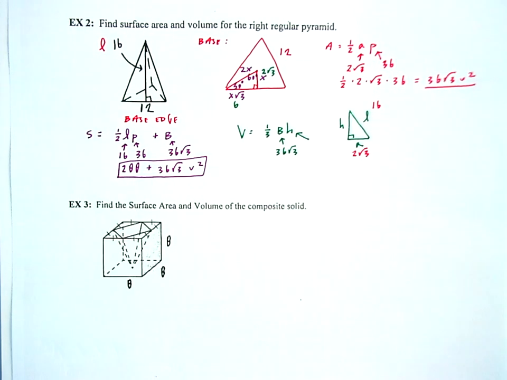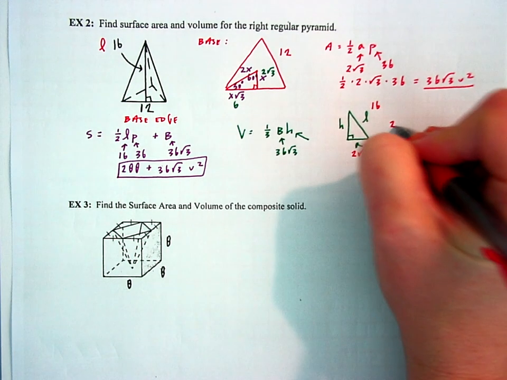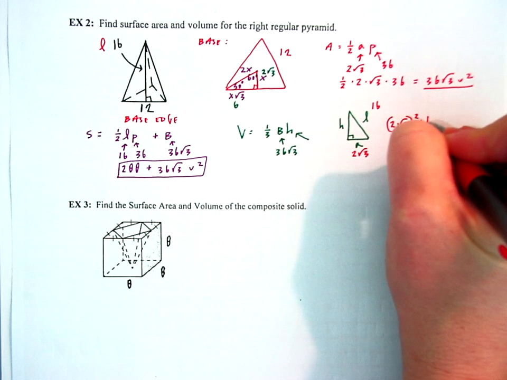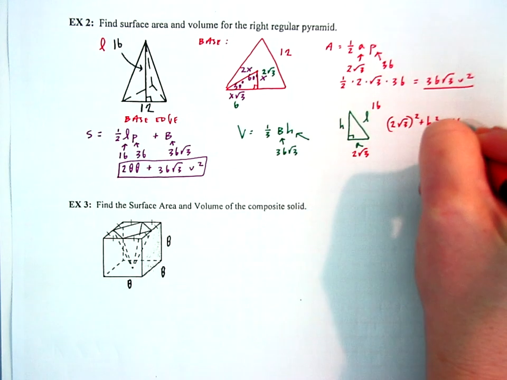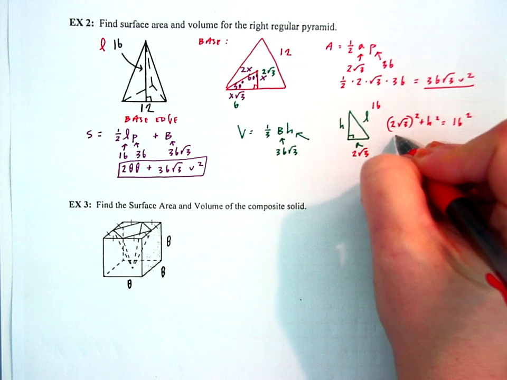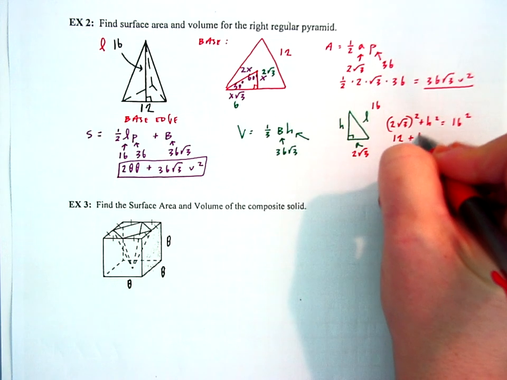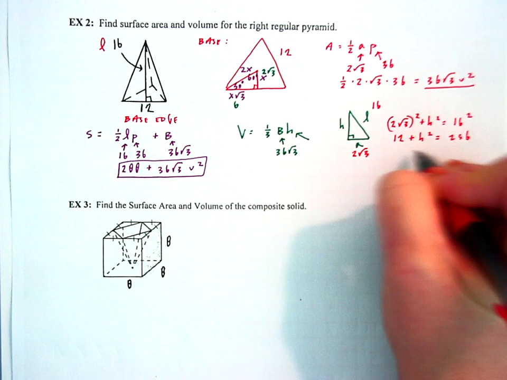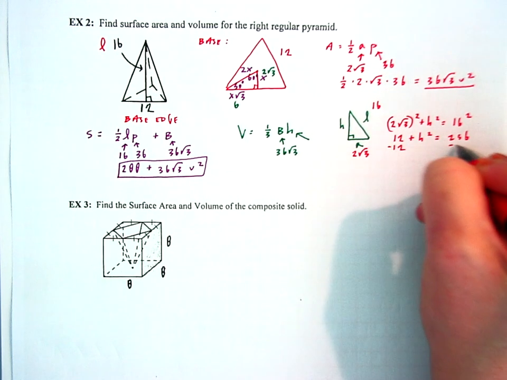So I have to use a little Pythagorean theorem to get to my height. So I know that 2 √3 squared plus the height squared equals 16 squared. So 2 times 2 times 3 gets me 12, plus the height squared equals 256. Take away the 12 from each side.